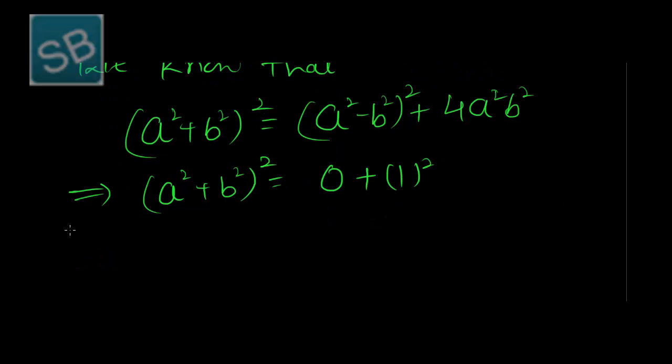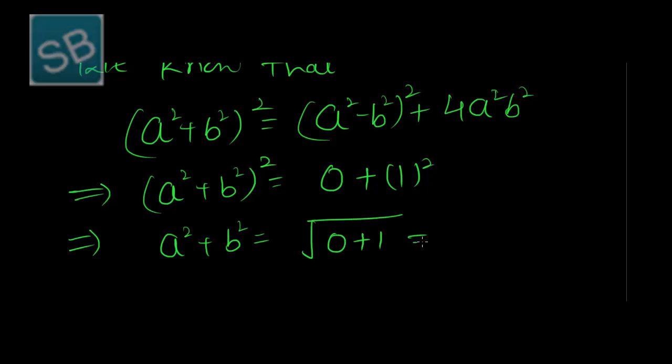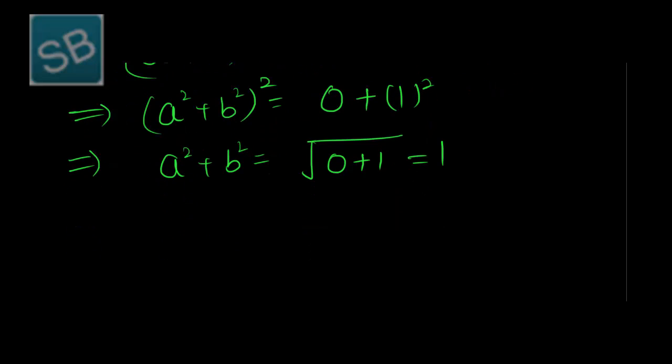So a square plus b square is root of 0 plus 1, that is 1, because it is the value of mod z as described in the article to find the square root of a complex number. So this is number 1, and the second equation a square minus b square is equal to 0 is number 2.